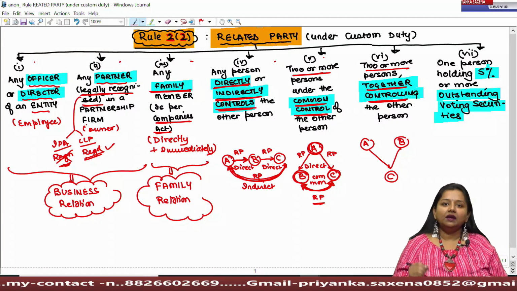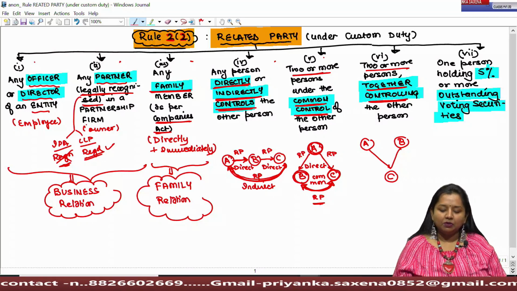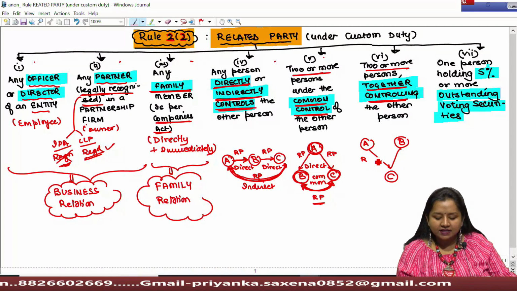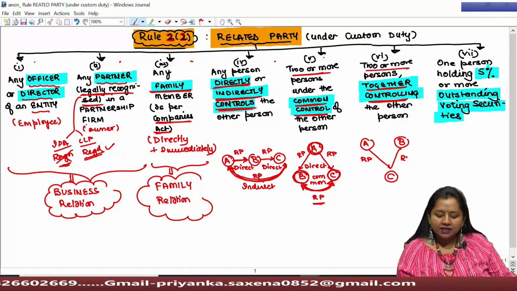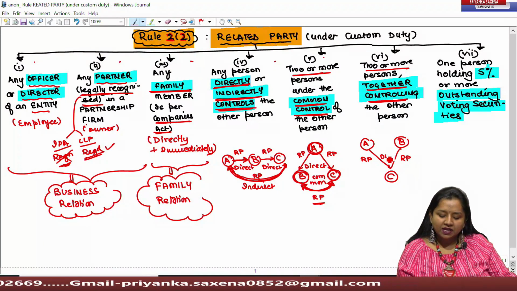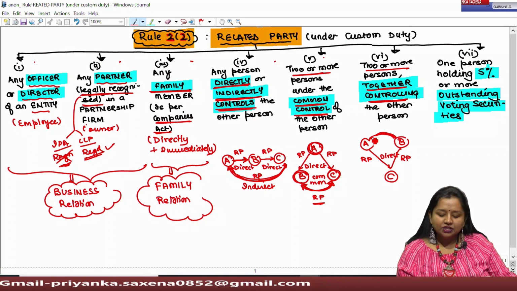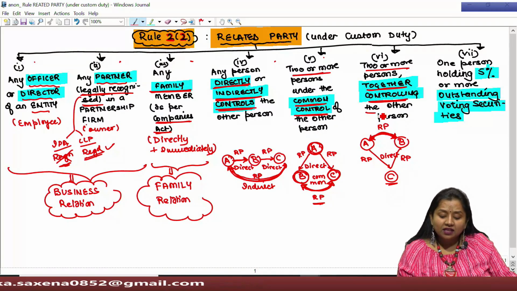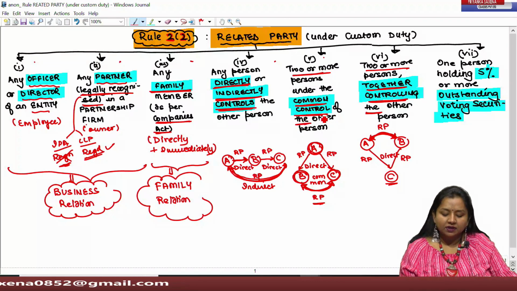Both are holding a sufficient amount of shares in C Limited. So in any case A and C are related party, B and C are related party because they are under direct control, as well as A and B shall also be treated as related party because together they are controlling the third common person.